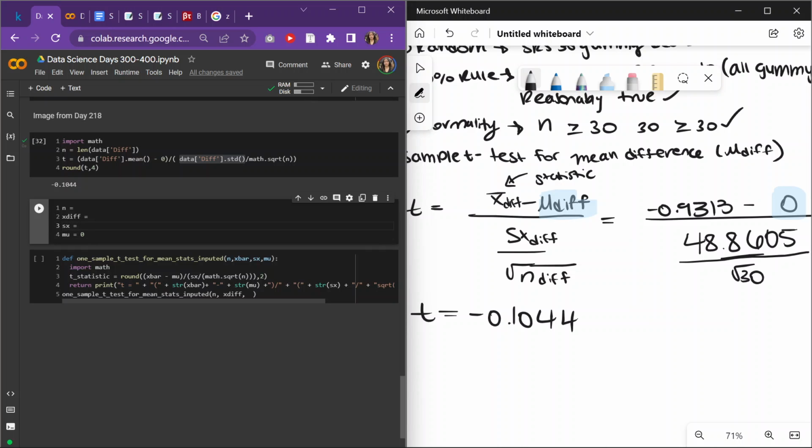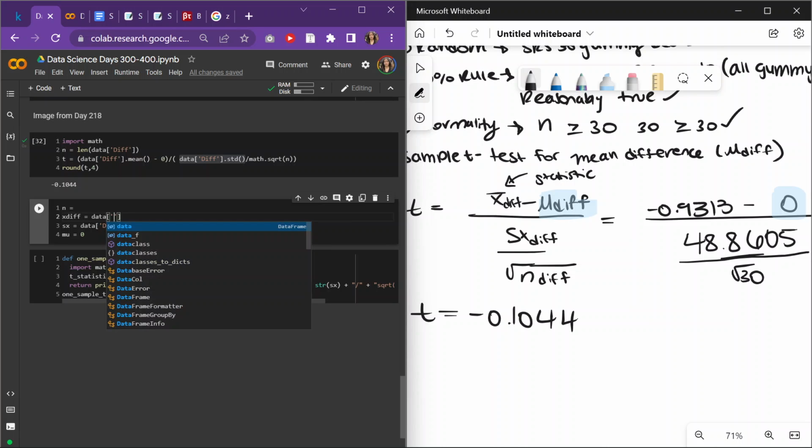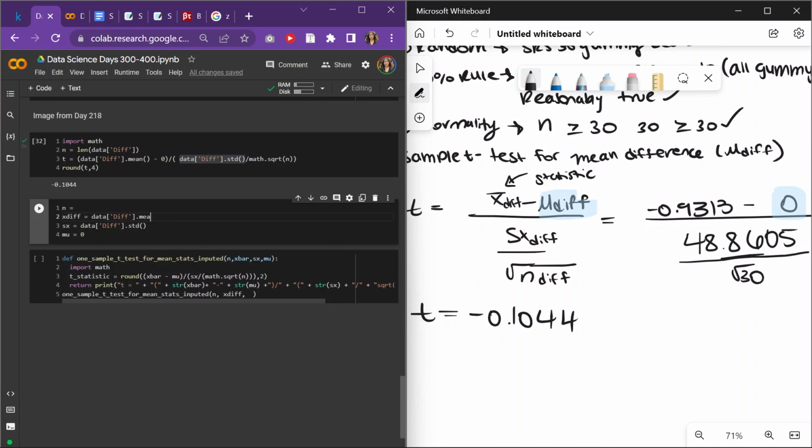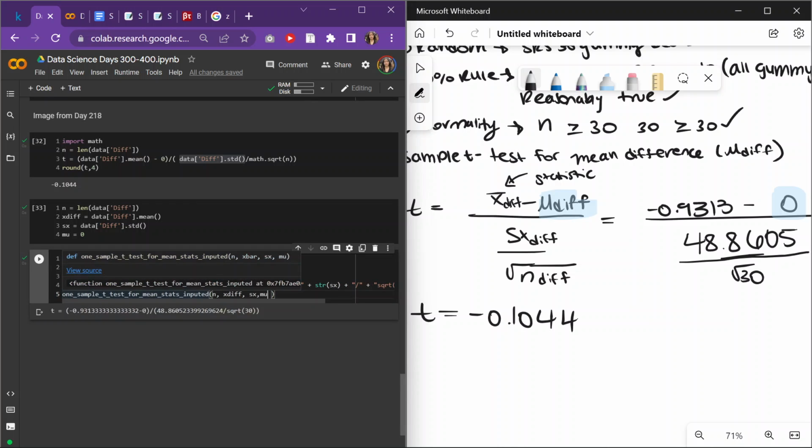Mu is 0, standard deviation is that. Xdiff is data diff dot mean, and then n is literally 30, or the length of data diff. Okay, run those. And then we could say SX. Hopefully this works. Hold on. Because SX, I don't know if I put the variables inside. Oh my God, this gave me an interval.